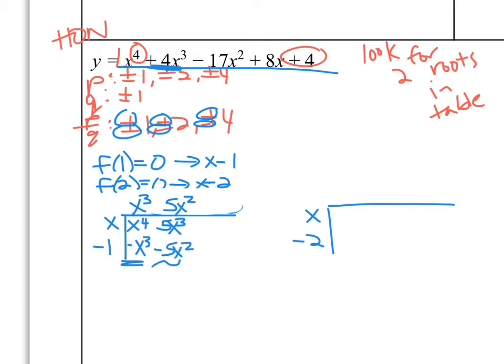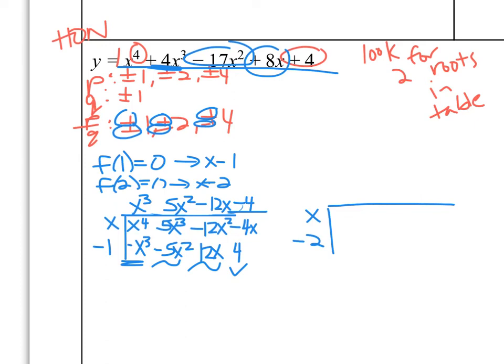I have negative 5, I want negative 17, so I need to go down 12. So it would be negative 12x, positive 12x. I have 12x, want 8, so I need to take away 4. So that would be minus 4, positive 4. Yay, that worked.